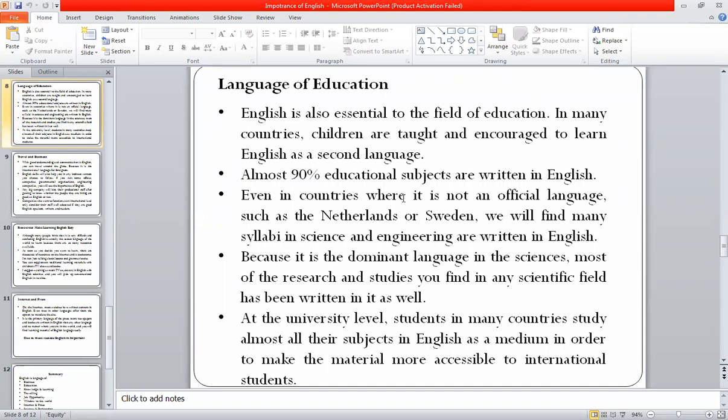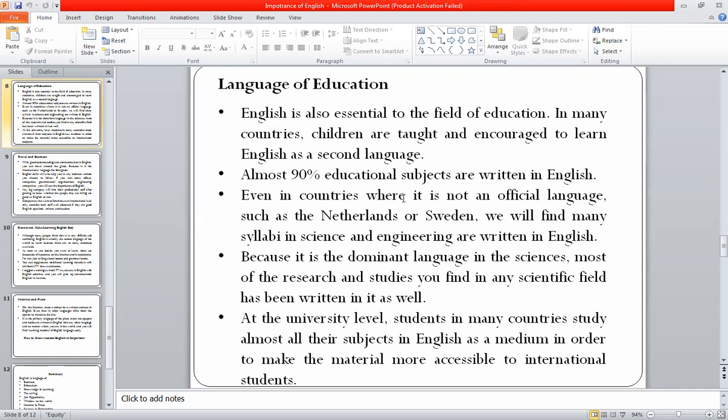So more than 90% of the subjects are written in this English language, okay. And because it is the dominant language in sciences and engineering field, most of the research and studies you will find in any scientific field has been written in it as well.